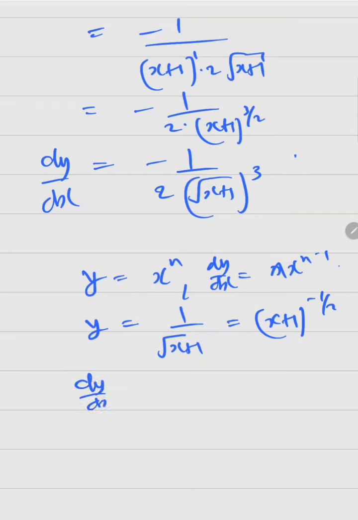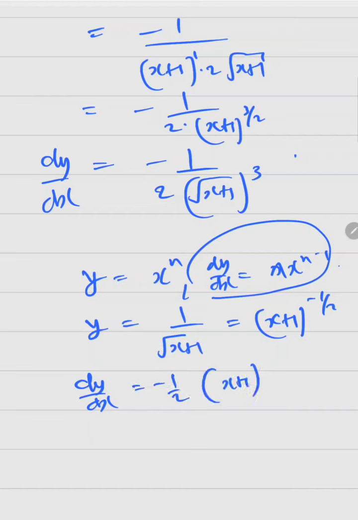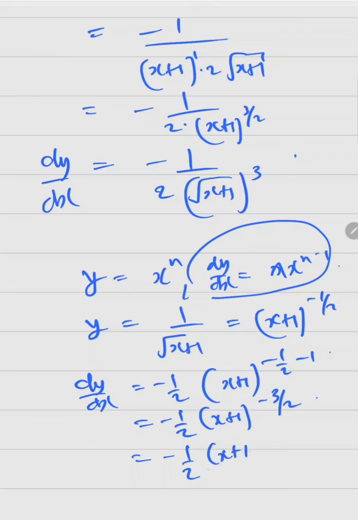So then if you differentiate it using this method, I'm going to have minus half x plus 1, raised to minus half minus 1, that's minus 3 over 2.